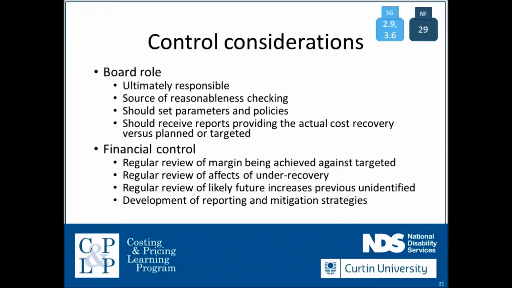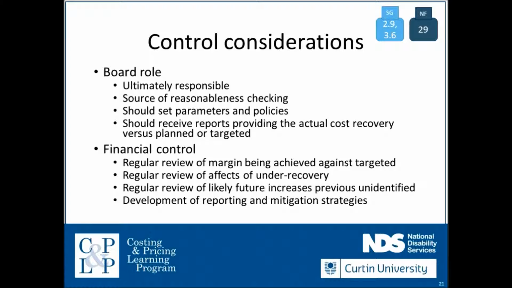This might mean that the board needs to have a look at your actual activity levels for each type of activity against your expected activity levels, and also have a look at the timing of those activities, because you need to make sure that all of those activities are undertaken within a time frame that allows you to recover the costs incurred in delivering those activities.